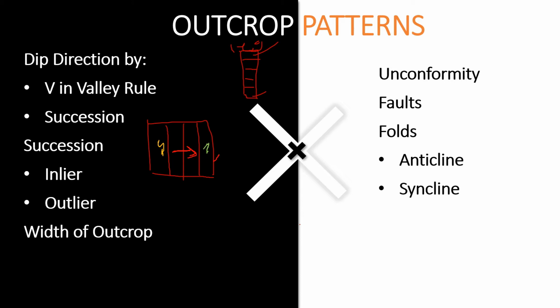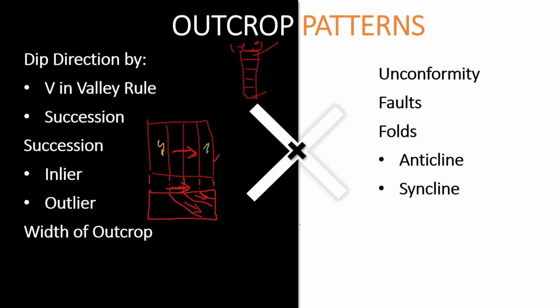So if we project that to our cross section, let's say this is our cross section, and the dip direction is pointing that way. So if we project the layers here, our dip direction is pointing that way. So most probably the layers of our rock outcrops would be shaped like this, because the dip direction is pointing that way.